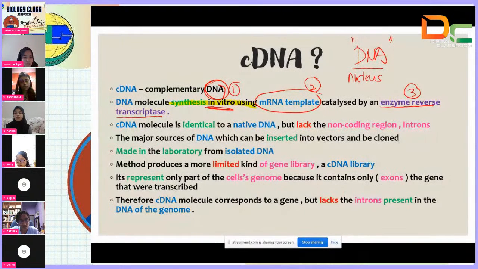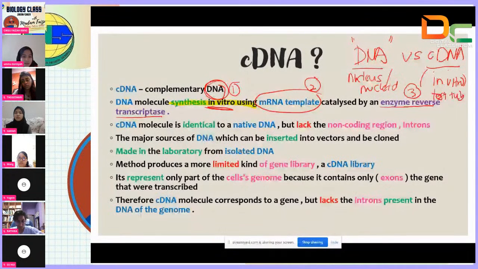DNA versus cDNA: DNA is in the nucleus or nucleoid. cDNA is in vitro. What does in vitro mean? A test tube. Like the test tube baby, IVF, the concept of producing the embryo or the zygote in vitro, not inside the womb of the mother. So same goes here.